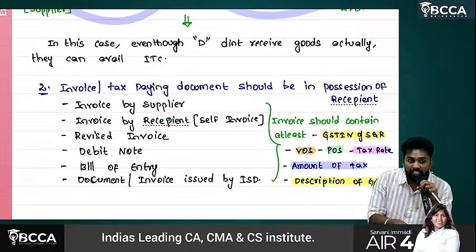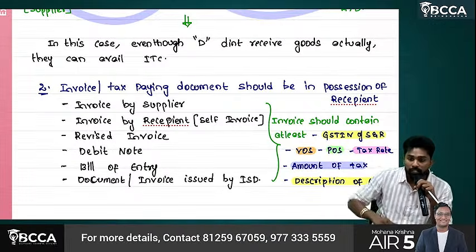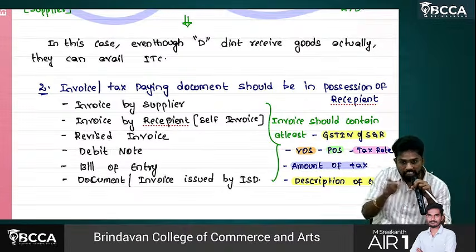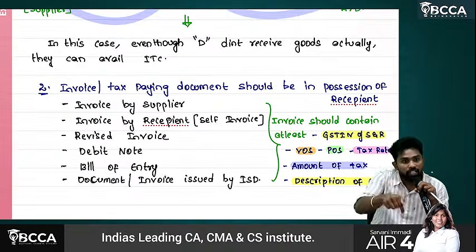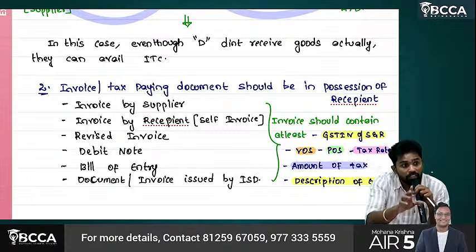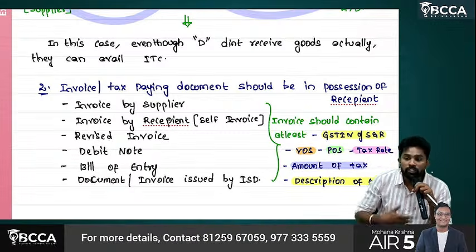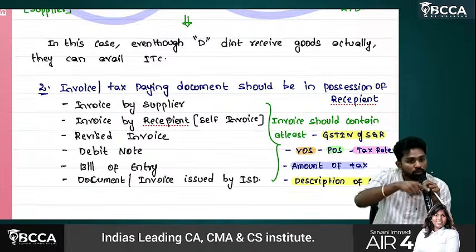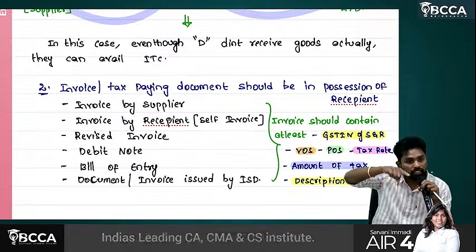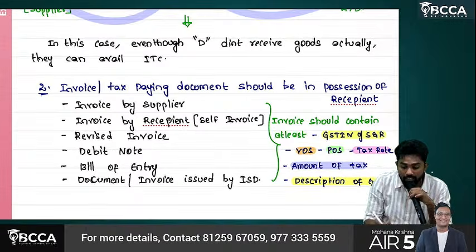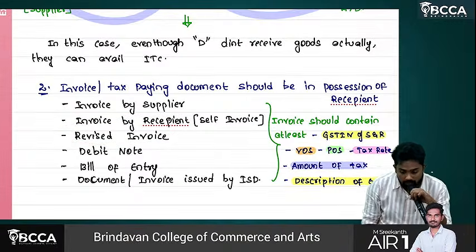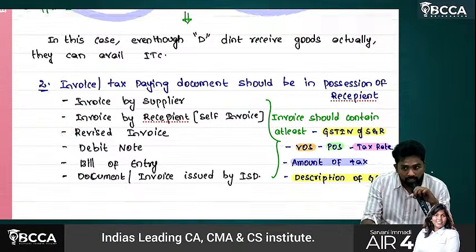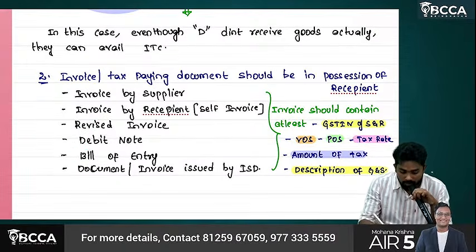Then your effective date is what? The date of liability only. But you got the certificate after some 35 or 40 days. All this intervening period, you are counted as a registered person only, but you don't have a GSTN number. So you give some invoice without a GST number. But once you get a GSTN number, what do you have to do? All the invoices you raised in this period have to be revised, and that is called what? Revised invoice.